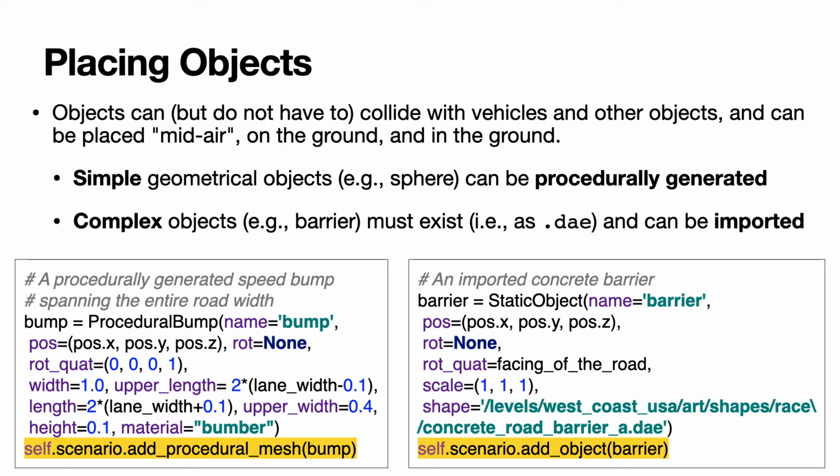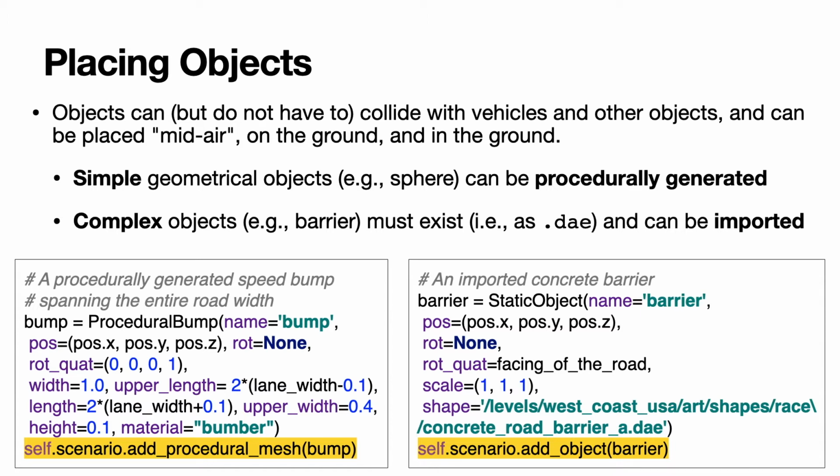That's one possibility. The other possibility, which comes in handy when you want to work with complex objects, say a concrete barrier with a specific visual pattern, like red and white stripes, is that those objects can be imported.